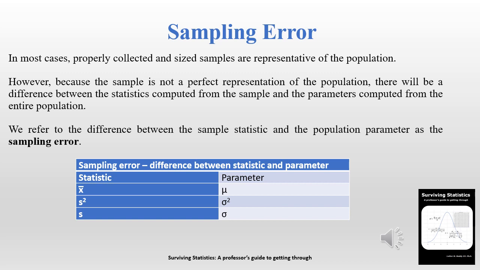So the sampling error is the difference between the statistic and the parameter. Remember, statistics are what you compute from samples. Parameters are what you compute from populations. So the difference between the sample mean and the population mean, the sample variance and the population variance, and the sample standard deviation and the population standard deviation are called sampling error.